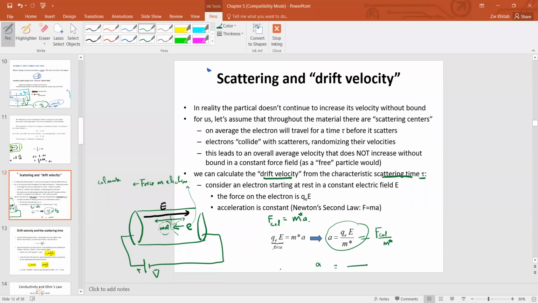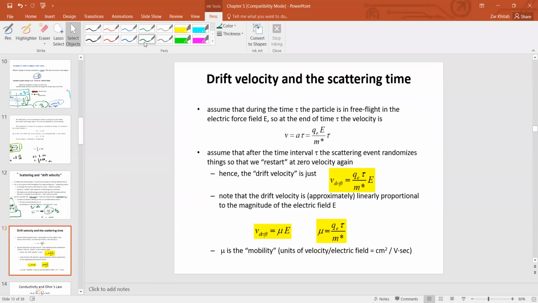That's the acceleration equation. Consider this equation, and we move towards a few more definitions.